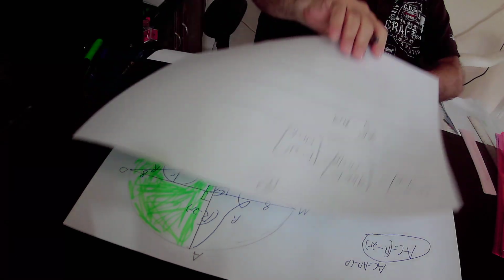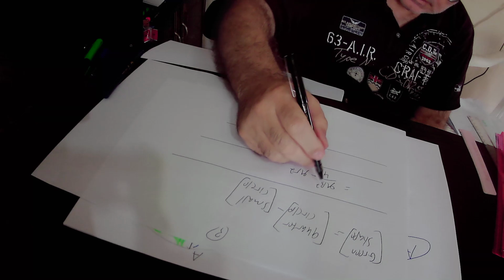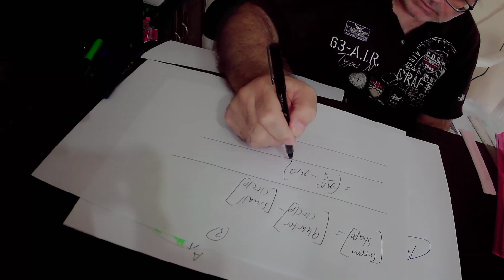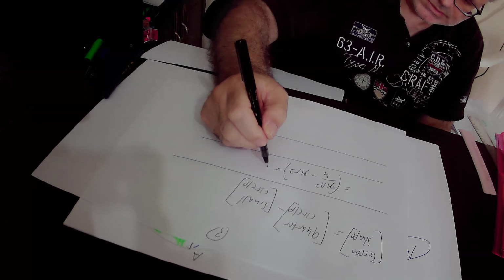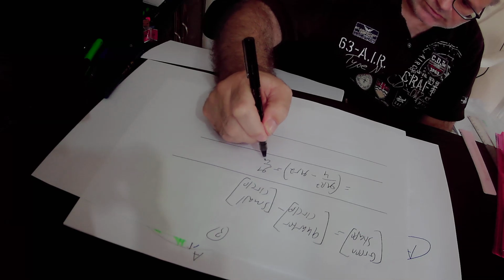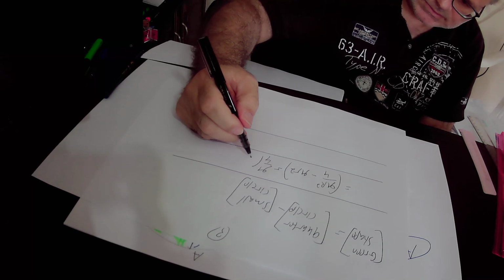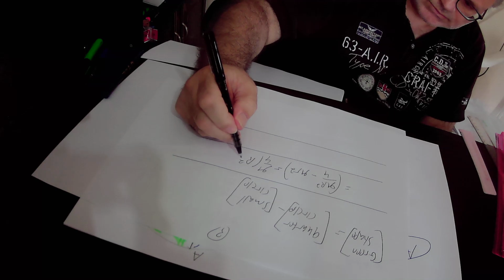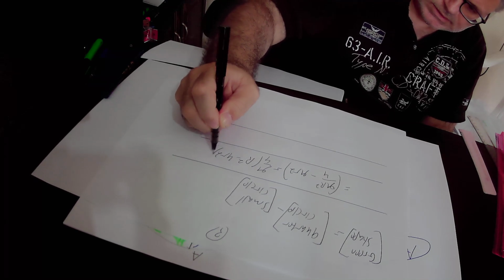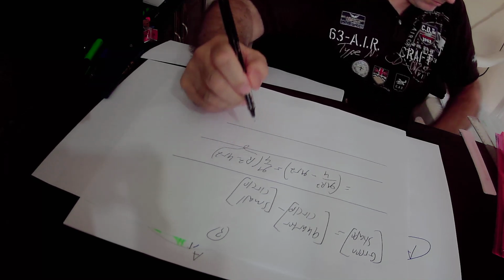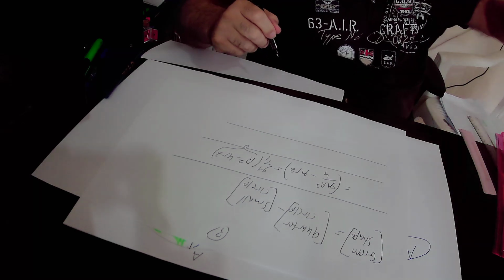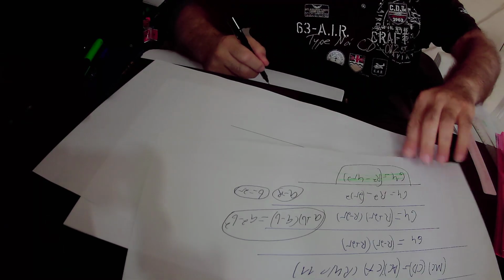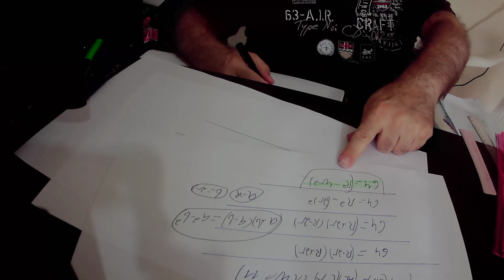Here, the first method: we took from those two expressions pi over 4 as a common factor. Inside the brackets we are left with capital R squared minus 4R squared, and we found out that capital R squared minus 4R squared equals 64.